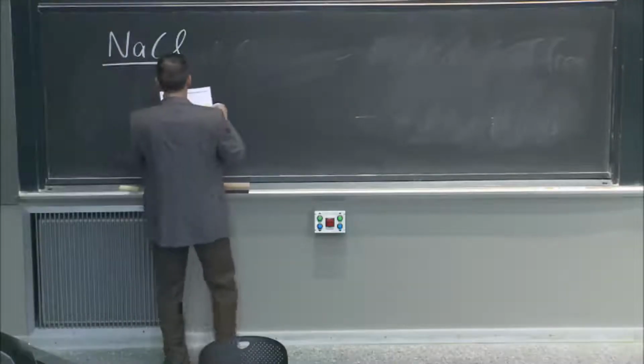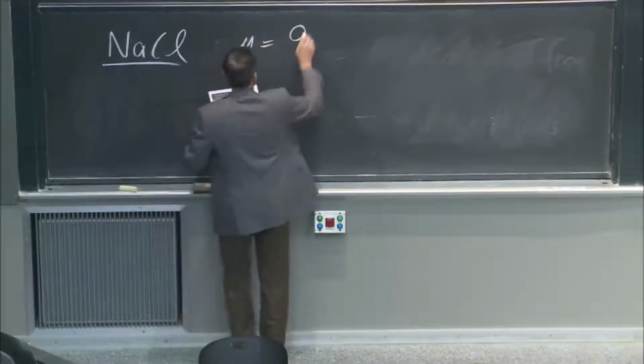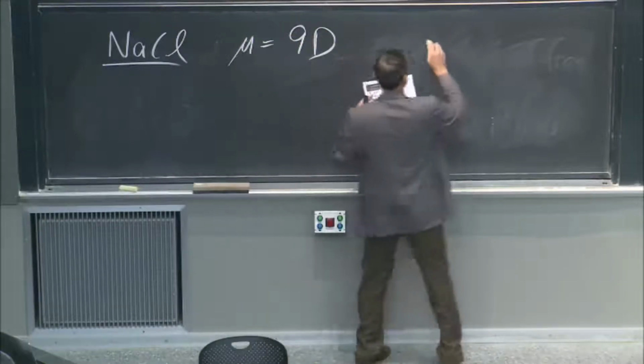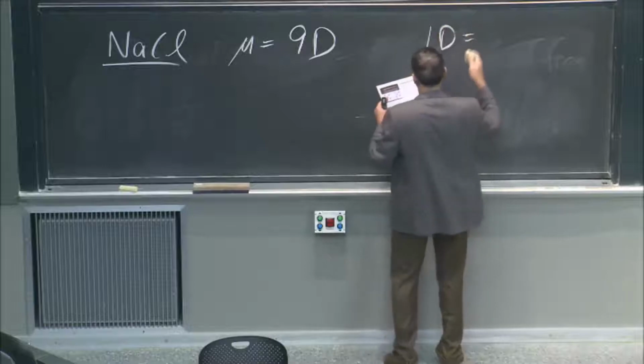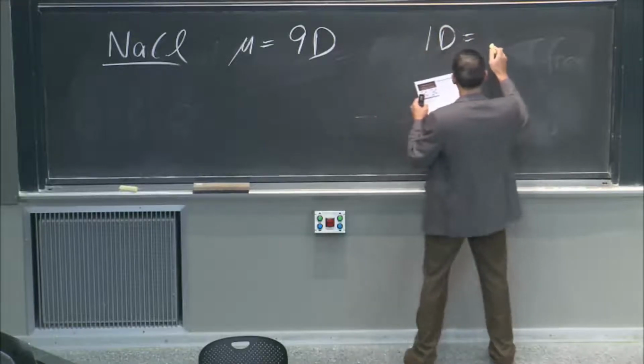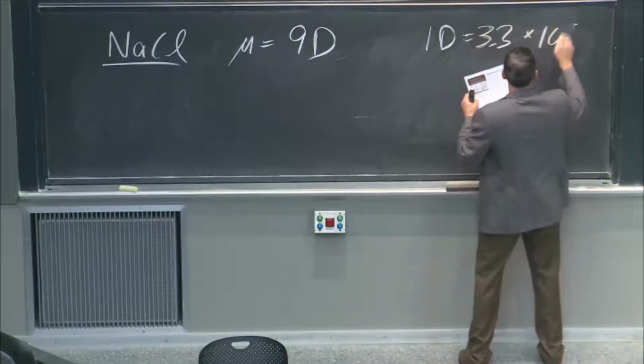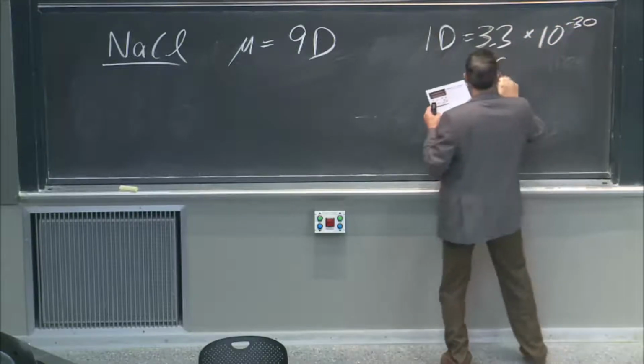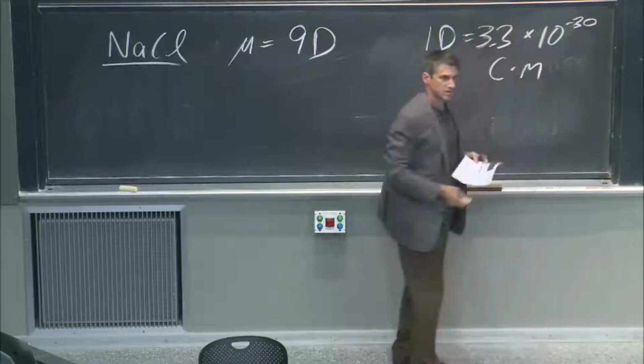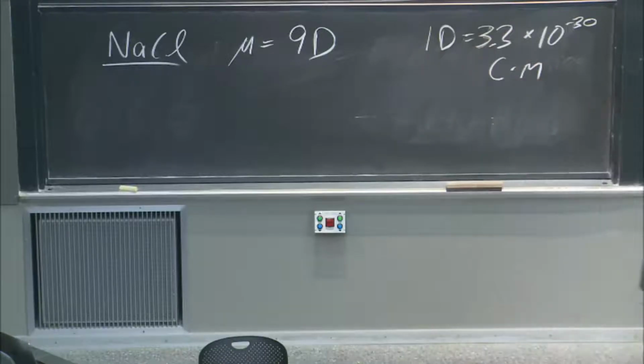For sodium chloride, the dipole moment is 9 debye, and 1 debye is 3.3 times 10 to the minus 30th coulomb meters. That's the units of a dipole moment, charge times distance.